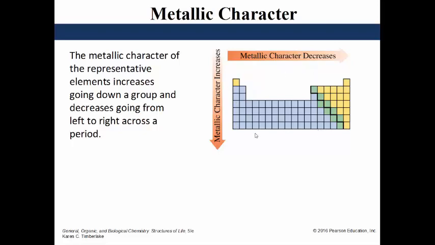And the reason why that is, and it's something that we'll discuss further in a future chapter, is that the elements on this side of the table, especially column 1 and column 2, are really, really reactive. They are very willing to give up that valence electron. They are much more stable when they lose that 1 or 2 on the outermost shell. They want to get rid of them as quickly as they can. And the opposite is true over here.